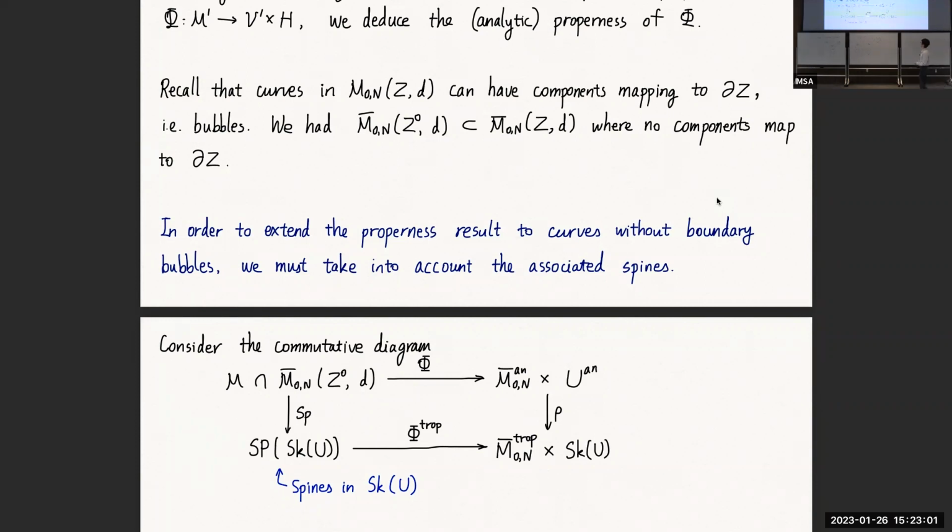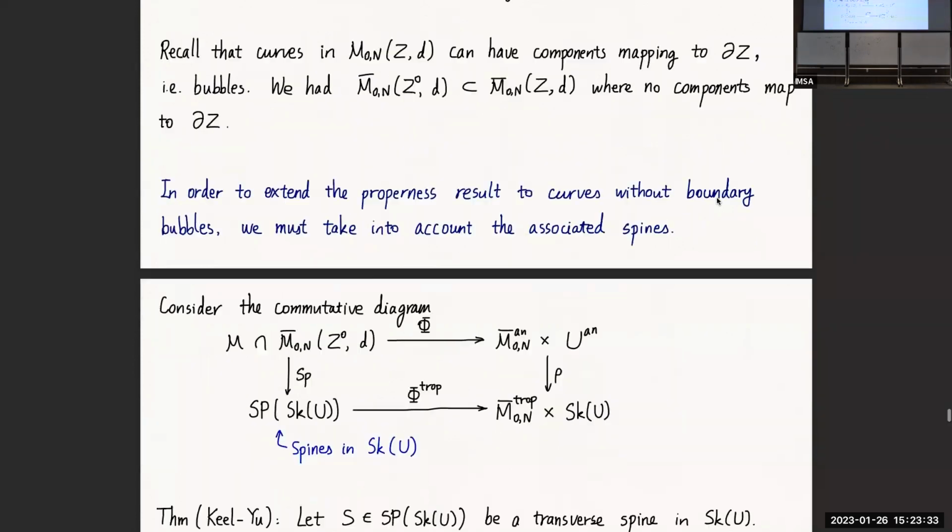Then for spines, we can also take the associated tropical curve. So we get the tropical moduli space, the moduli space of tropical curves, and the essential skeleton. So this is the basic commutative diagram. We have phi taking the modulus of the domain and evaluation upstairs, and downstairs we have the tropical version of phi.